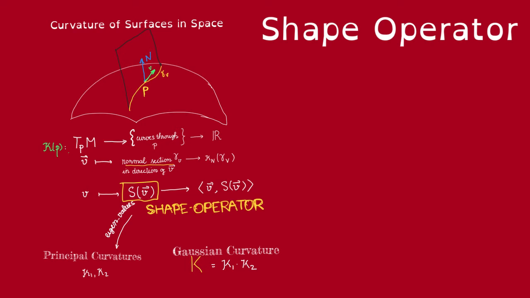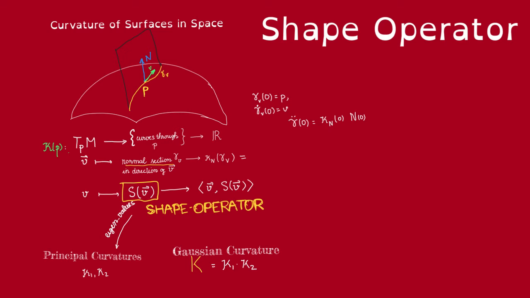Okay, so now to define the shape operator, we want to first find a formula for this. We want to first reframe this. So how do we compute the signed curvature? Well, this is a plane curve, right? So let's say that we parameterize this so that this curve starts at P with an initial velocity V. Then recall that the signed curvature at P was defined just to be this coefficient.